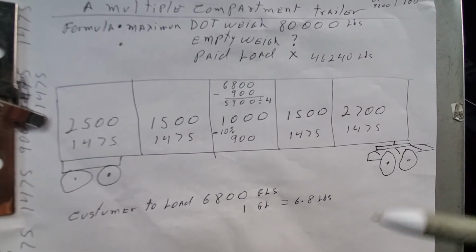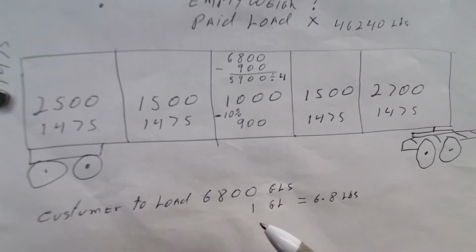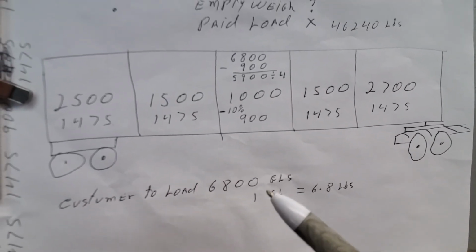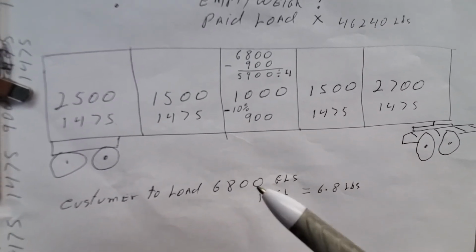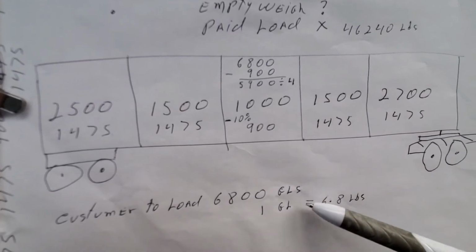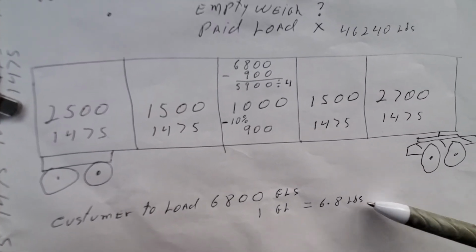And always remember, pretty much all these cleaning products or alcohol, ethanol, and all that weigh about 6.8 pounds per gallon.